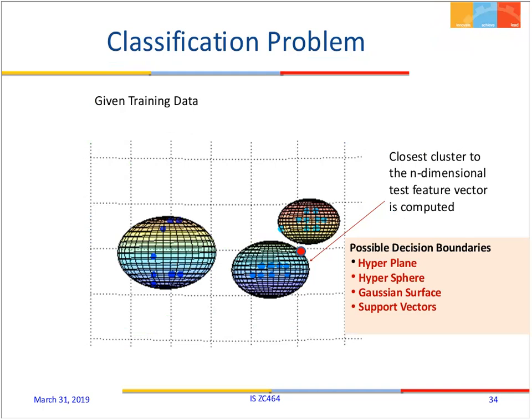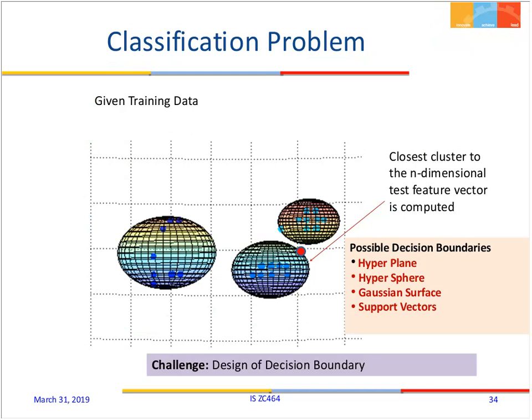So we can have possible decision boundaries which are defined by a hyperplane, hypersphere, Gaussian surface, or support vectors. Okay, support vector machines would have the maximum margin between the two classes. We will be talking about those in some future classes. So the challenge is the design of the decision boundary. Okay.